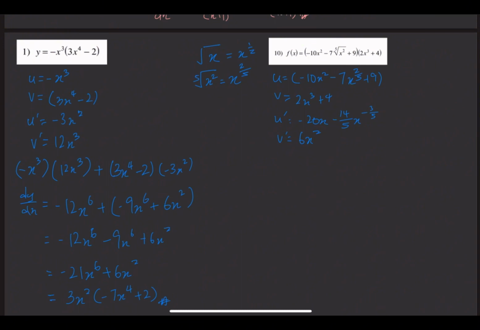Right. Now, remember, take the first part, differentiate the second part, plus take the second part, differentiate the first part.